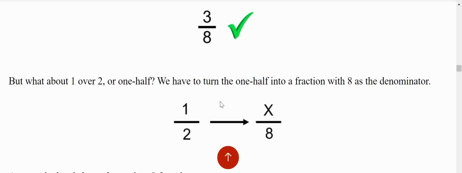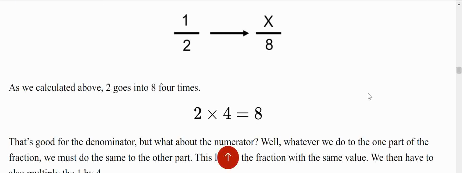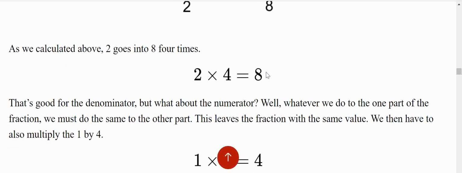We have to turn the 1/2 into a fraction with 8 as the denominator. As we calculated above, 2 goes into 8 4 times, and that's good for the denominator, but what about the numerator?